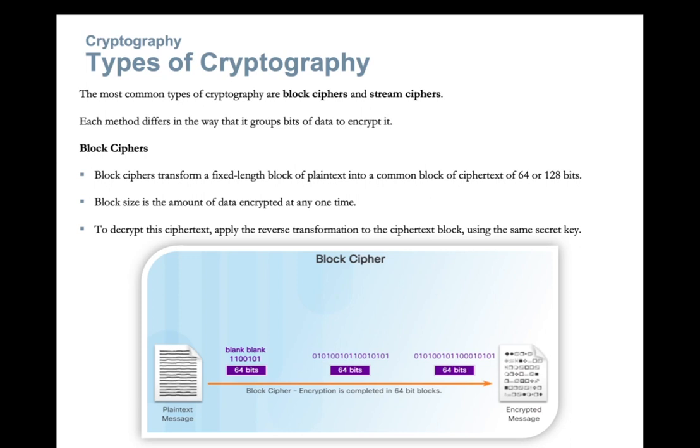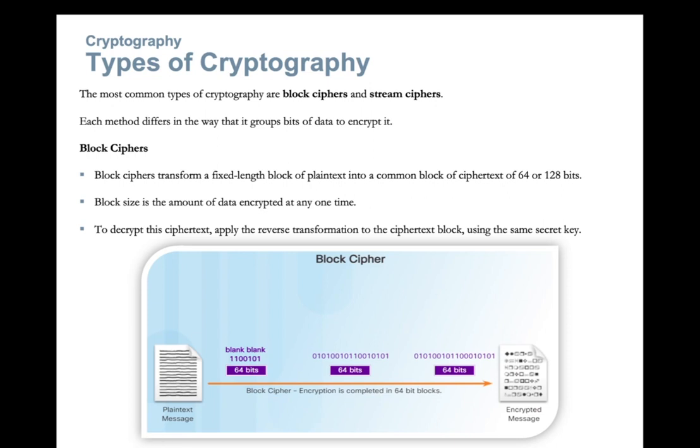Then, until the entire block is full, if there is less input data than one full block, the algorithm adds artificial data or blanks until it uses the full 64 bits. Okay, so you can see these blanks are used to fulfill that size.